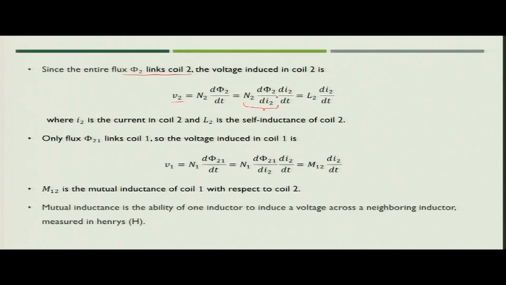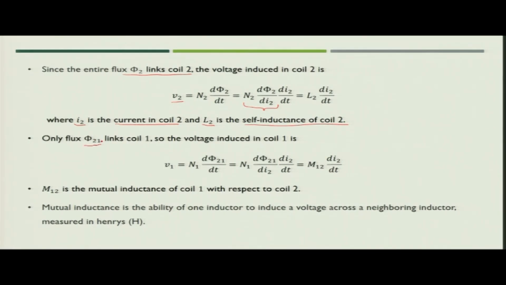Now, this particular portion you can write as L2. So, your V2 will now be equal to L2 dI2 by dt. What is I2? I2 is the current in coil 2 and L2 is the self inductance of coil 2.